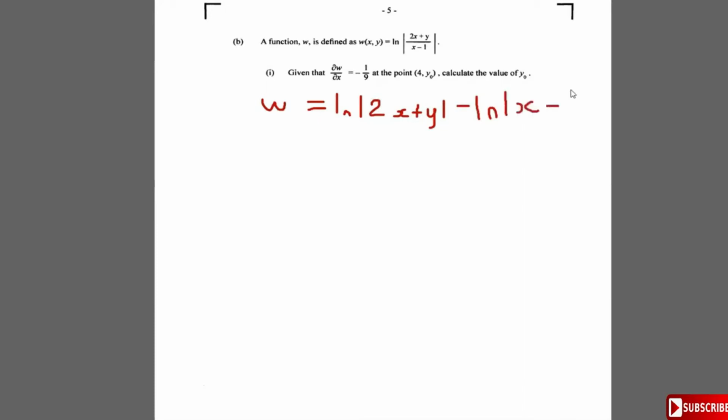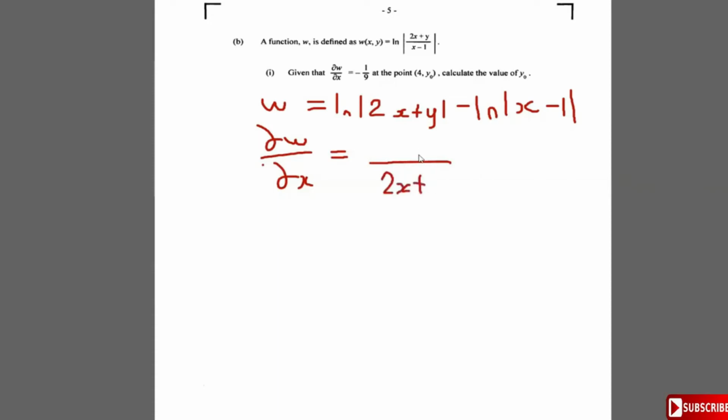Now, when we write it this way, we want to find dou w by dou x. Dou w by dou x is equal to, we're differentiating the function with respect to x. So it's going to be 1 over 2x plus y multiplied by the derivative of 2x, and the derivative of 2x is 2.